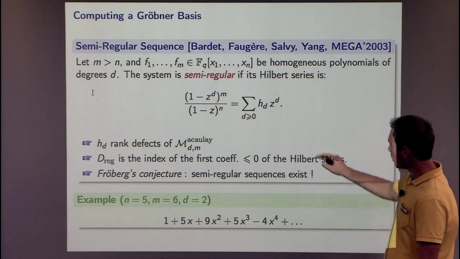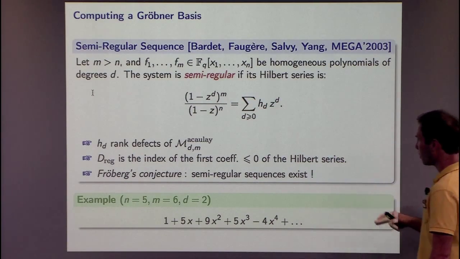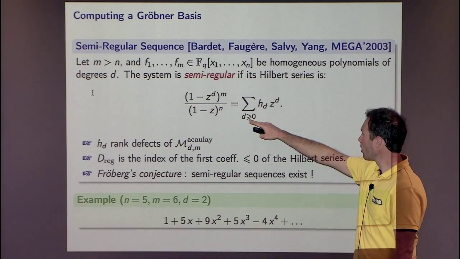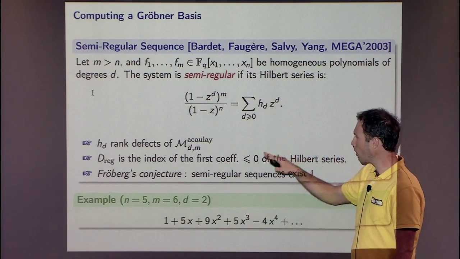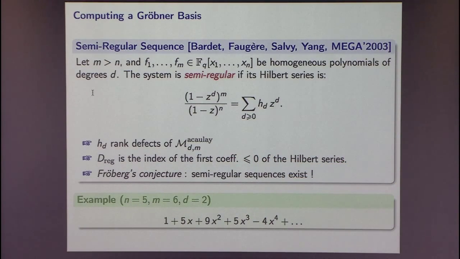To do this, you consider this power series, which is actually the generating series of the rank defect of your Macaulay matrix. So the coefficients will encode the rank defect, the number of columns minus the number of linearly independent rows.